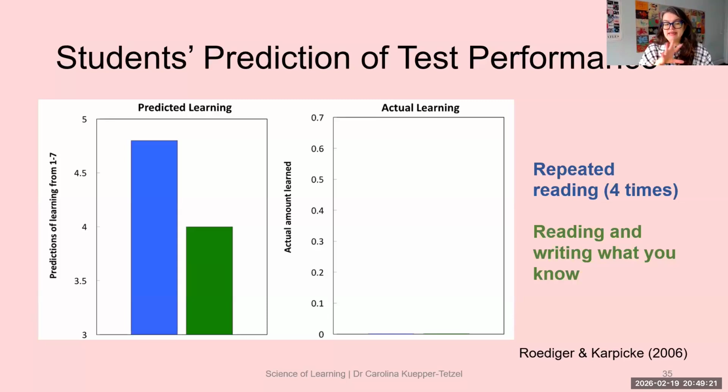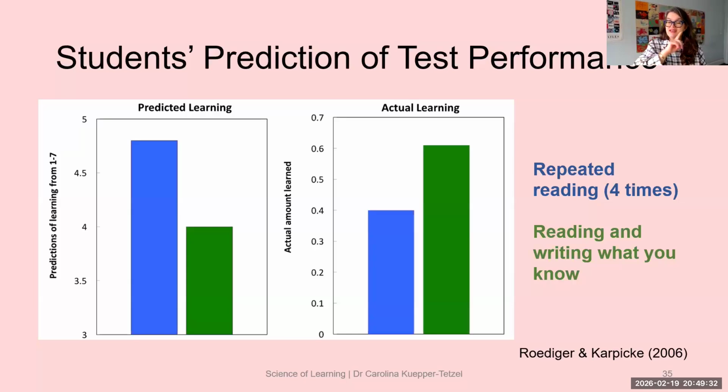So they were more conservative in their assessment of their own learning. But what is the actual learning on a later test? It is the other way around. The students who had at least one opportunity to recall information from memory performed better than the students who read it 4 times.